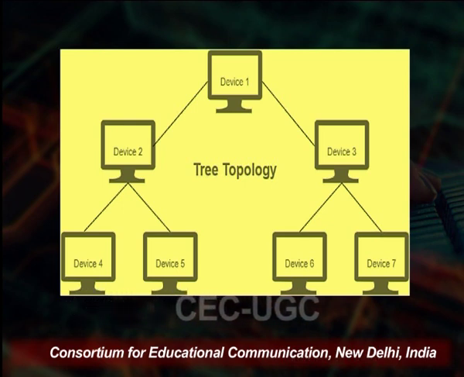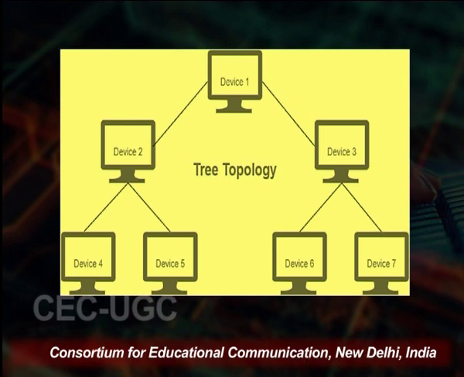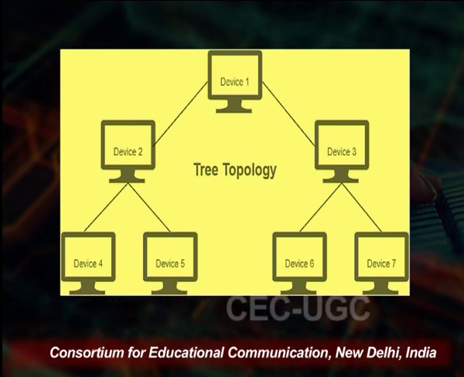And if the data has to go from bottom to up, 4 and 5 can give their data to the secondary hub device 2, and then that secondary hub can transfer the data to device 1, or vice versa. In this way data flows in this tree topology.